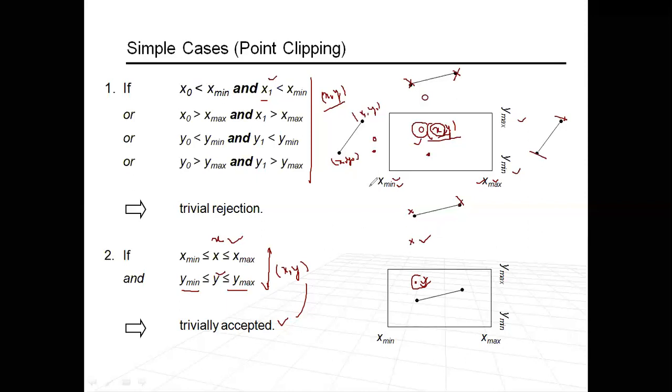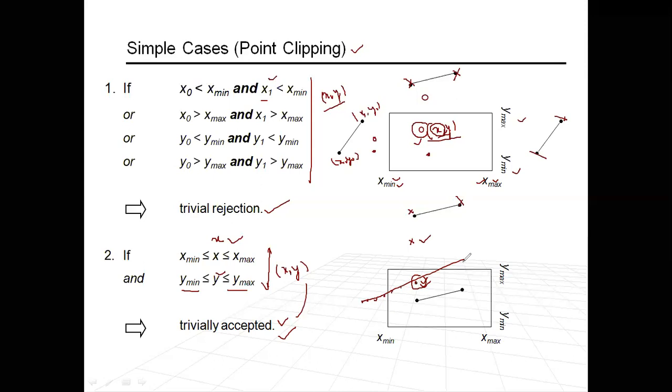So this is all about the point clipping algorithm, and we can check with these inequalities whether trivial rejection or trivial acceptance can take place. With the help of the point clipping algorithm we can also clip a line. A line is a combination of points.